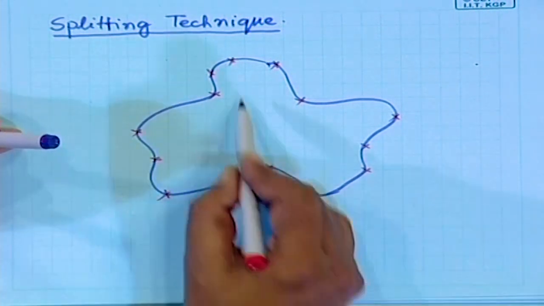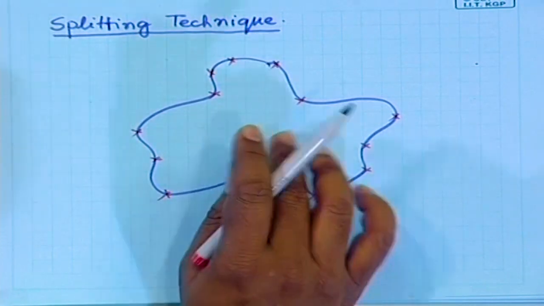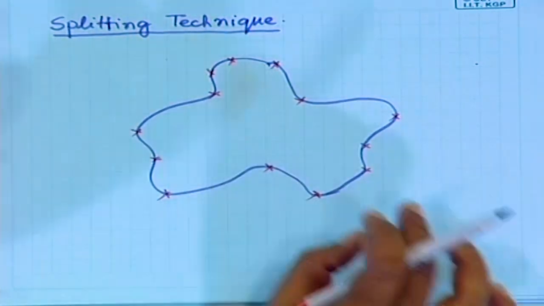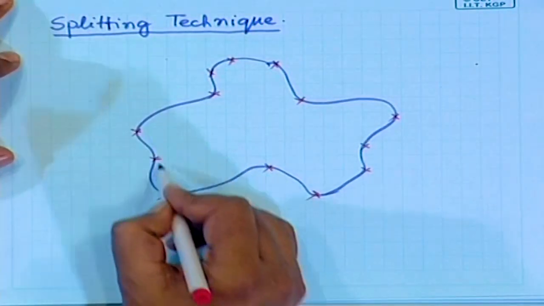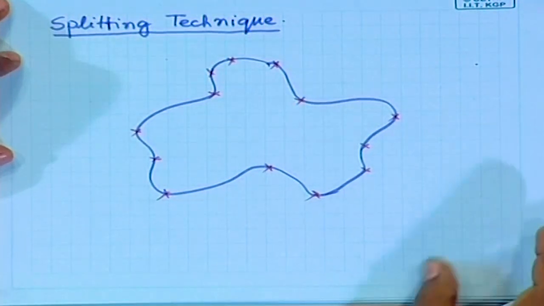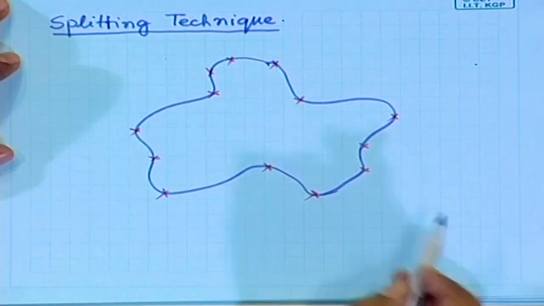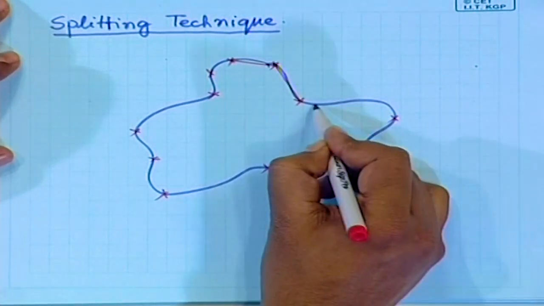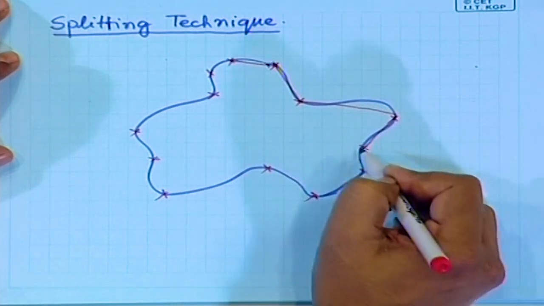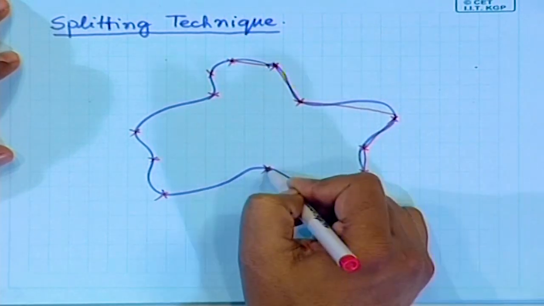These points at which the boundary can be split into different boundary segments become the vertices of the polygon. So, if somehow I select this set of points along which this boundary can be split, then the polygonal approximation of this arbitrary boundary is this one.